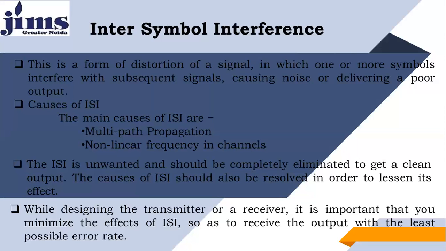So this is inter-symbol interference, when a symbol crosses its boundary to reach the subsequent or next symbol. Some part of the symbol reaches the neighbor symbol and creates inter-symbol interference.